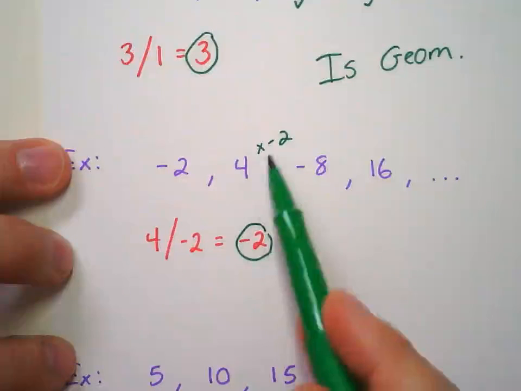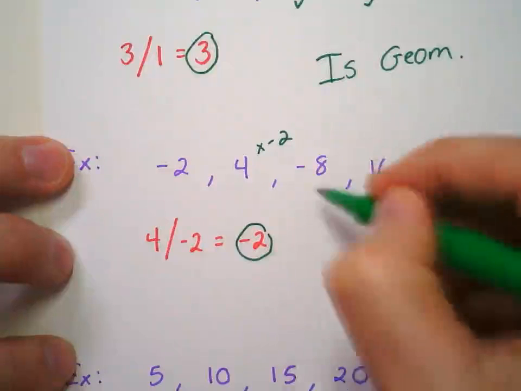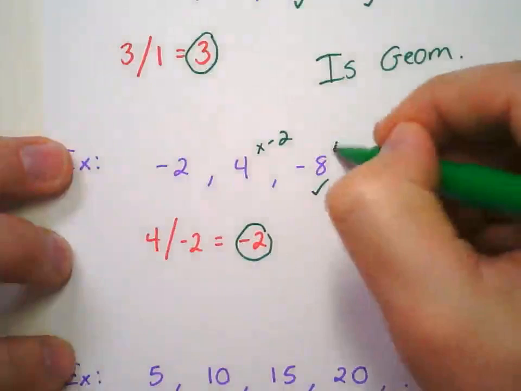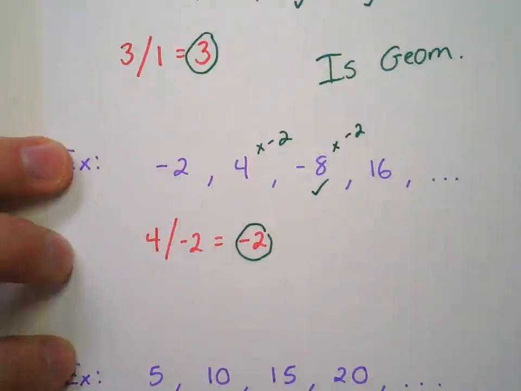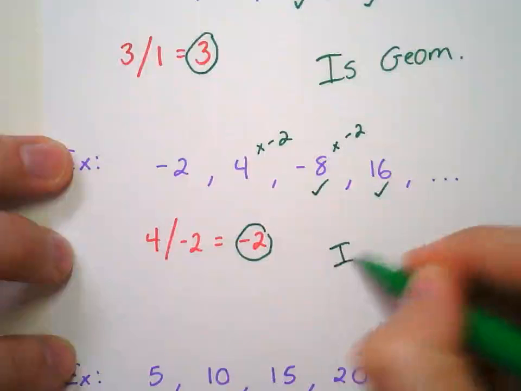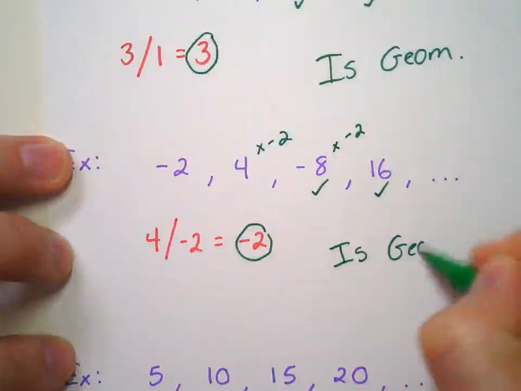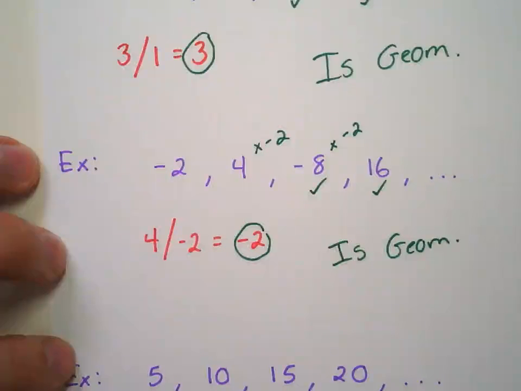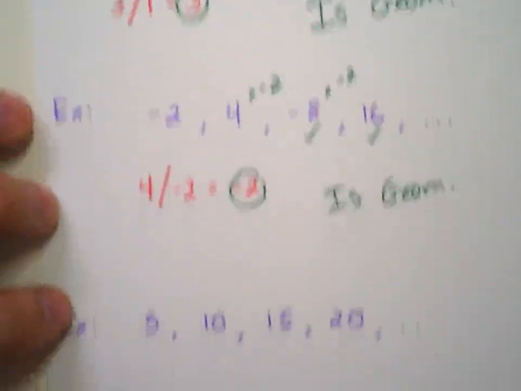What is 4 times -2? That's -8, so that checks off. What's -8 times -2? Negative times negative is a positive. 8 times 2 is 16. So that is geometric. Again, geometric deals a lot with multiplying.